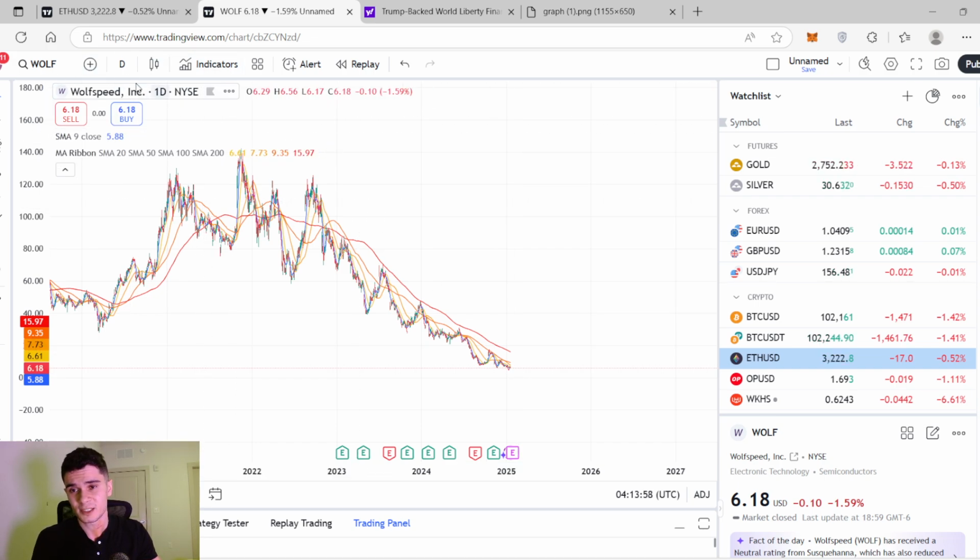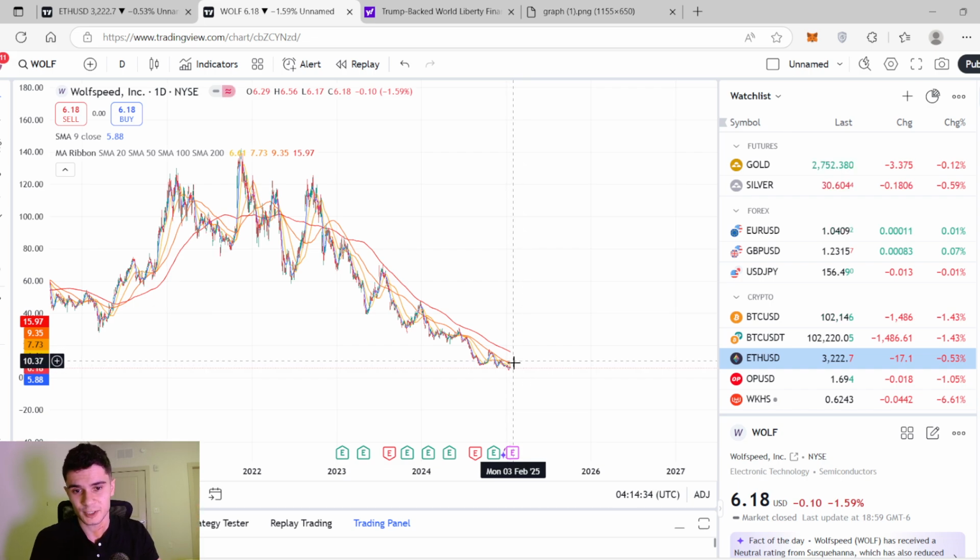This company is not a competition to NVIDIA, but they specialize in making semiconductors for EVs, electric vehicles, and then for power stations, for all kinds of renewable energy, data centers. So it's definitely a good pick at this level, especially when we see crazy semiconductor stocks ripping, going to crazy valuations.